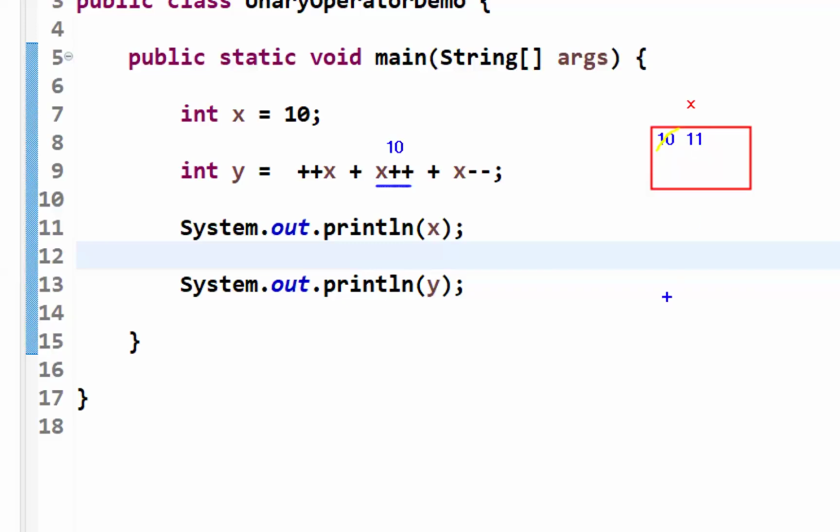So far am I clear? Next, tell me the remaining two. This is prefix ++x. x-- is prefix or postfix? Postfix. Then tell me who has high priority? Postfix, so this expression will be evaluated next. What do you mean by post-decrement?